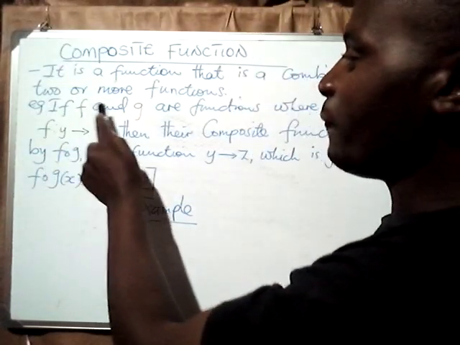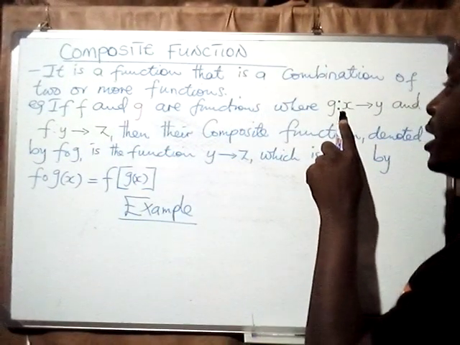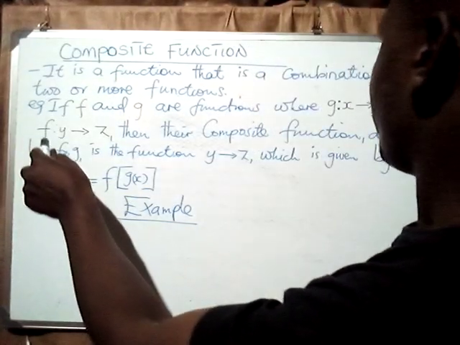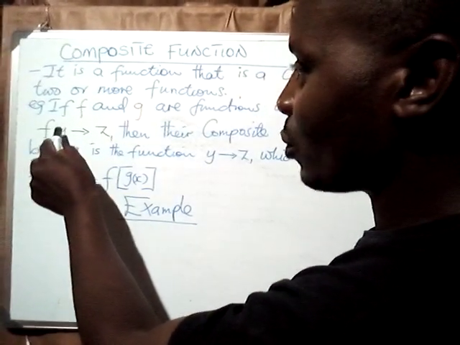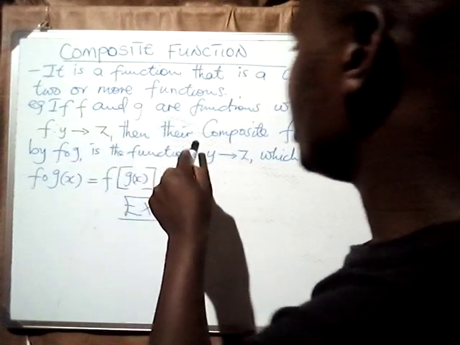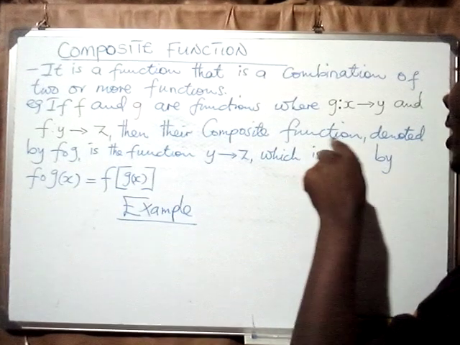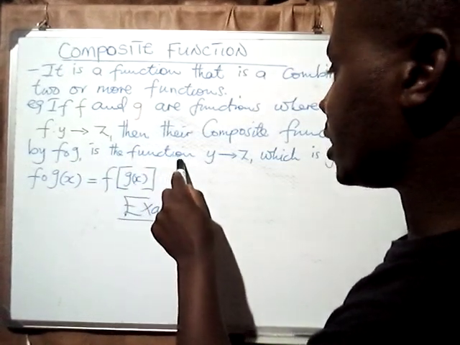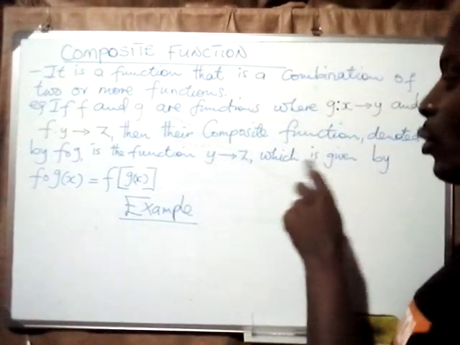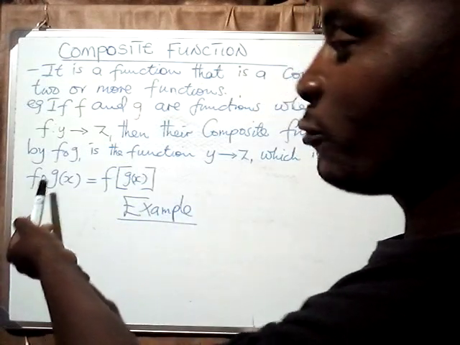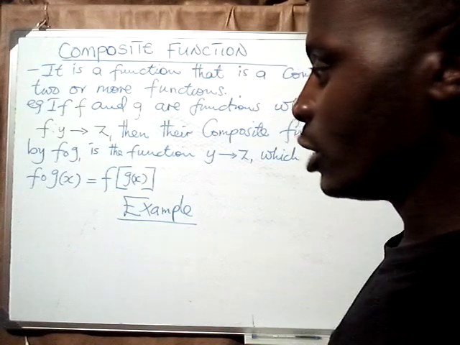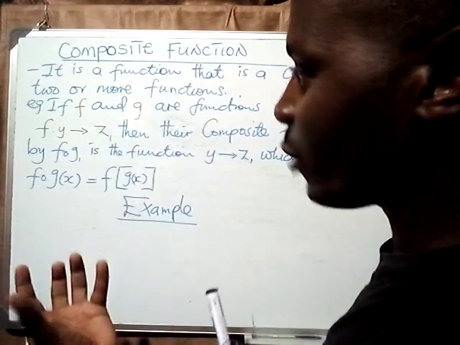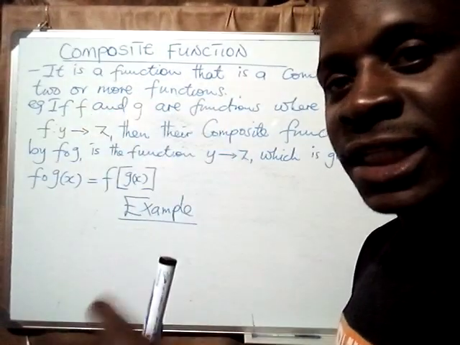So, for example, if f and g are functions where g maps x to y and f maps y to z, then their composite function, denoted by f of g, is the function mapping x to z, which is given by f of g of x is equal to f open bracket, where we replace the value of x with the function g.